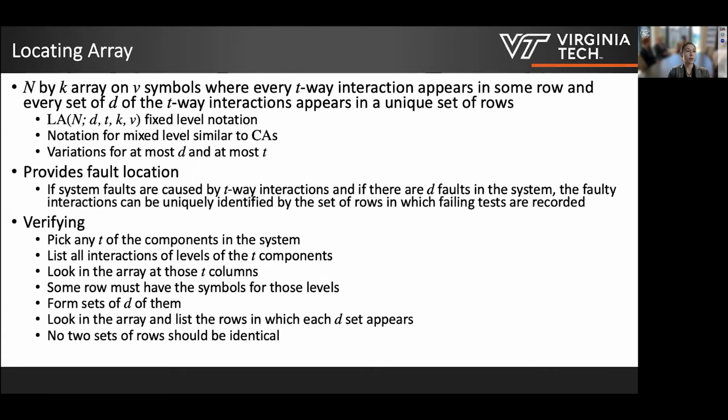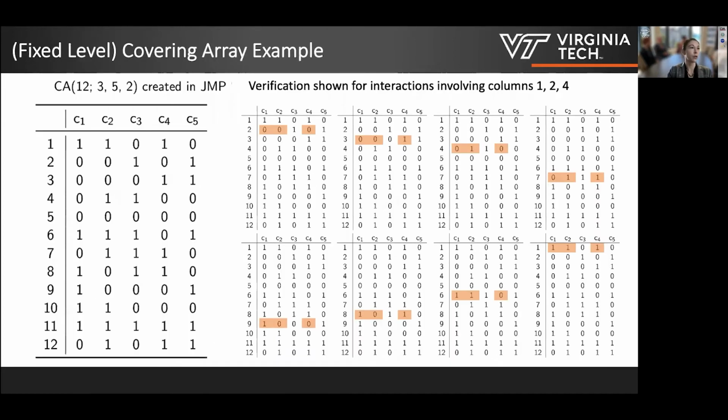So something important to note is that with covering arrays, we don't have this additional property of location. Let me go back to my covering array example. Let's say that everywhere we see 0, 0, 0 in columns 1, 2, and 4, everywhere we see that interaction, we also saw a different interaction.